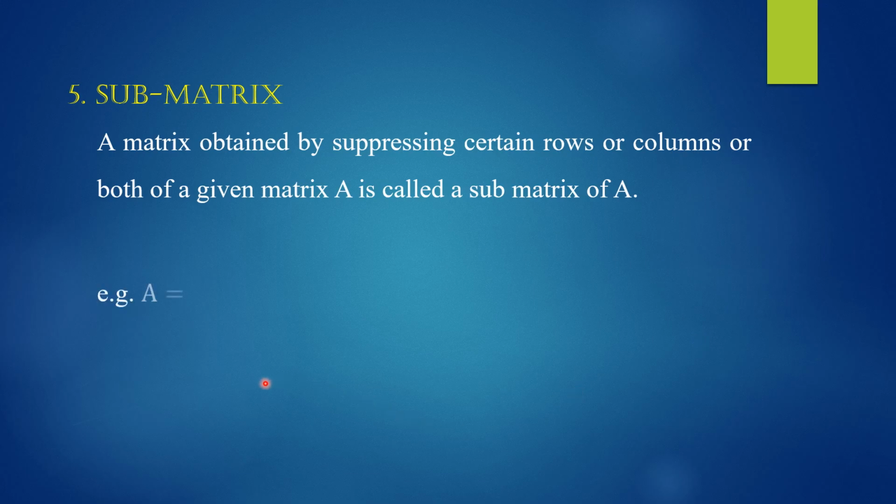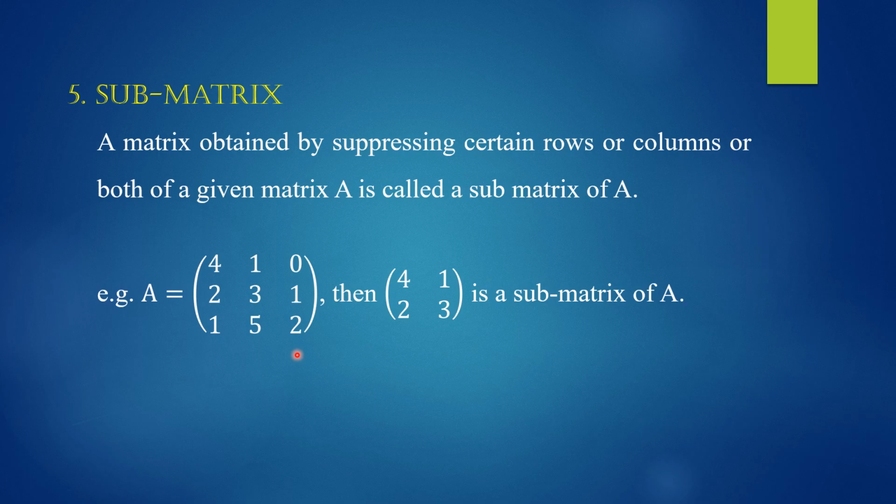For example, A is a matrix. This is a 3 by 3 matrix. You see 3 rows and 3 columns are there, and this 4 1 2 3. This new matrix is obtained by eliminating this row and this column. So this is the submatrix by eliminating the third row and third column.